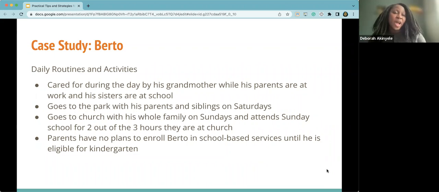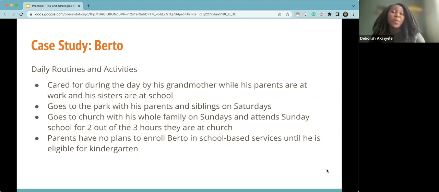There's an opportunity here to do the same thing with the park. Are they going to the same park every weekend? What is at the park? How many opportunities does he have to interact with peers while he's at the park? Again, what are some of the communication opportunities involved with going to the park?